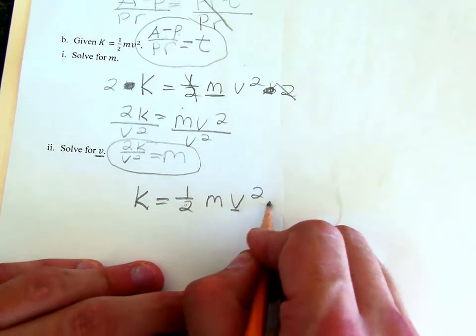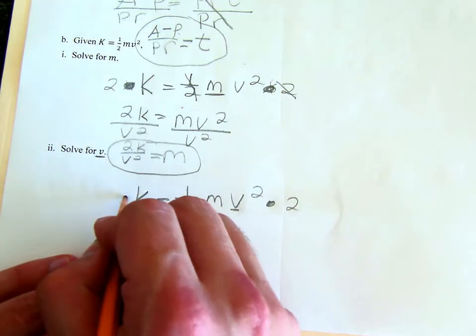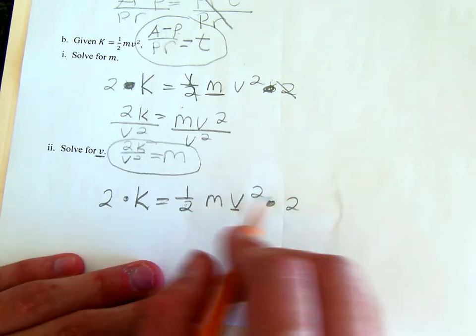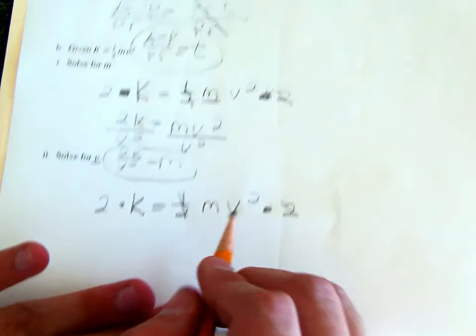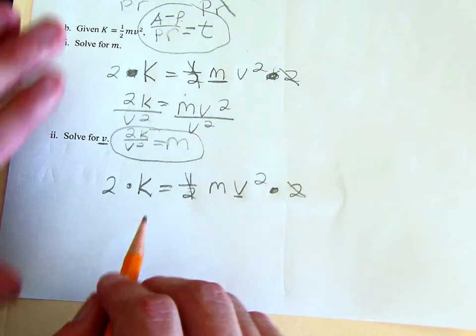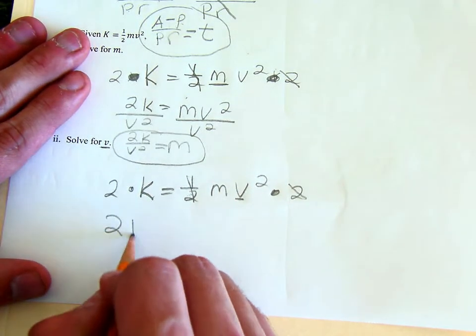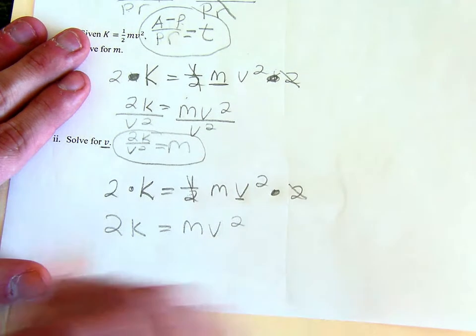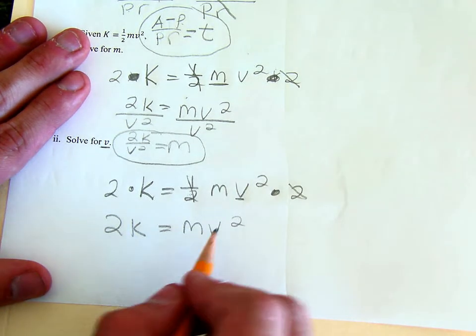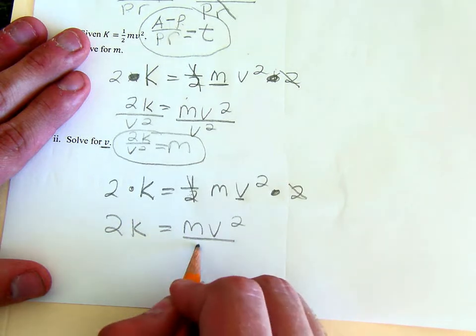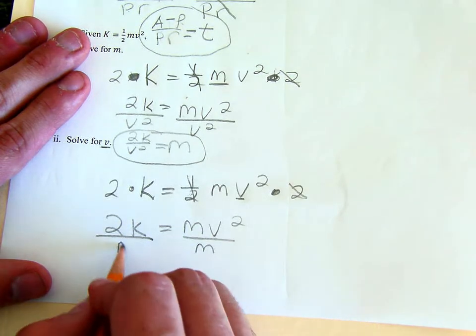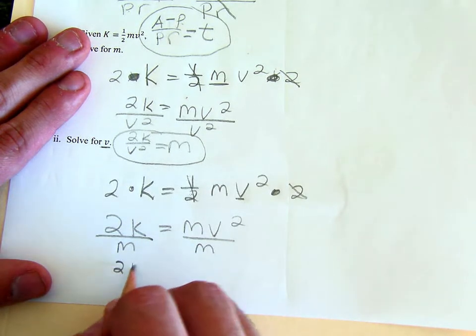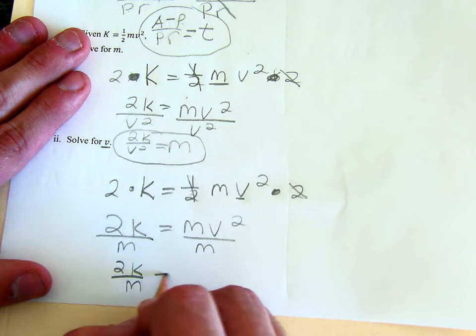So the 2 will cancel with the 1/2. On the left side, we're going to get 2k is equal to mv squared. Now we want to get this v by itself, so we're going to divide by m. So I'll get 2k divided by m is equal to v squared.